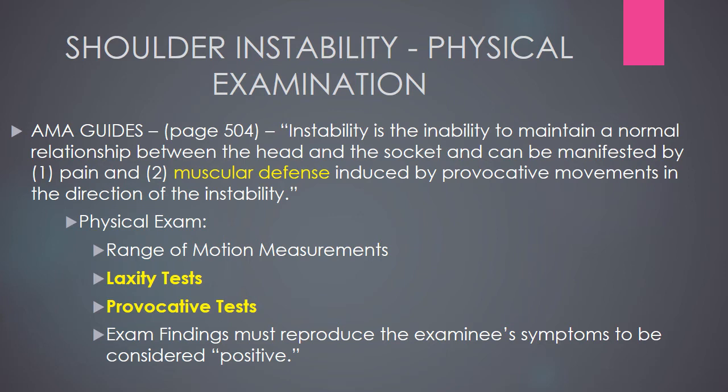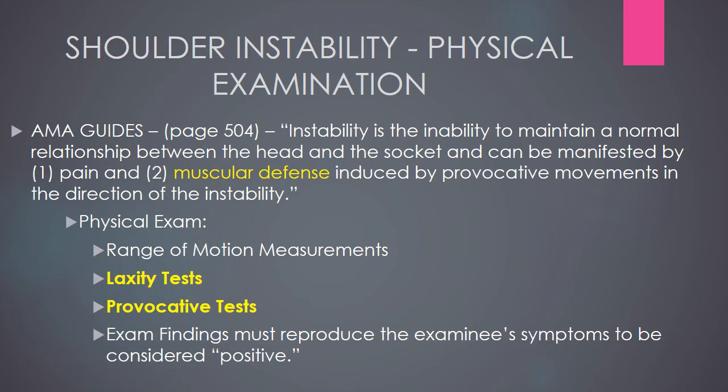So these are what we want to look for on our physical examination maneuvers. Particularly, we want to look for the involuntary reflexive action, which the AMA Guides define as the muscular defense. So we'll get into some of these physical examination maneuvers as we go.